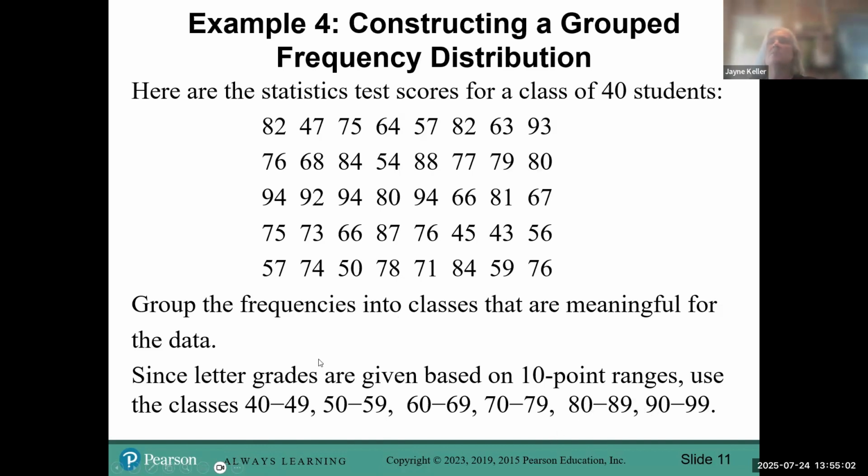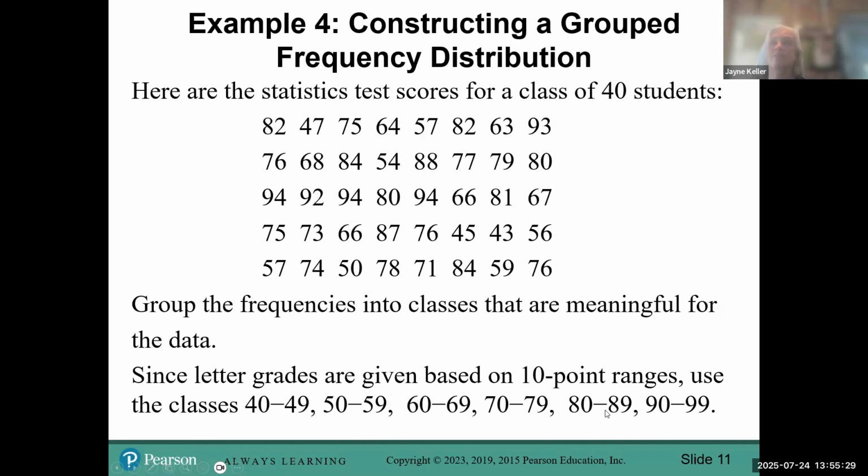So that makes sense, a way to group them. When we do this, though, we want our groups to have the same range. So on the one hand, it might make sense to say, well, 40 to 49 is an F as well as 50 to 59, but I need to group them so that they all have the same number of data points in the range.